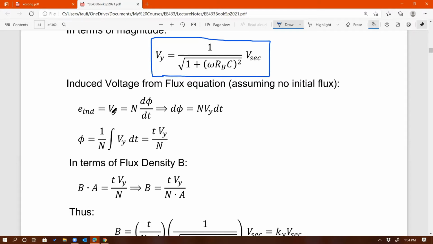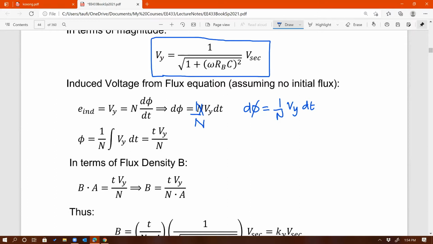Let's see, N d flux dt, so therefore d flux dt would be 1 over N, I believe. It should be 1 over N, so please fix that one, sorry about that. Okay, so d flux should be 1 over N Vy dt.